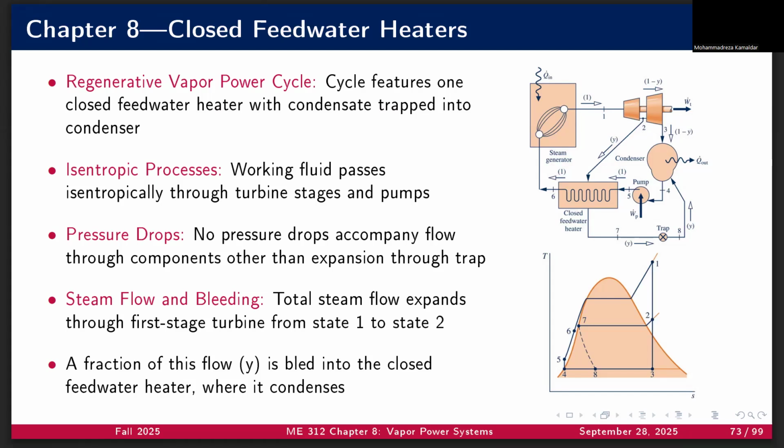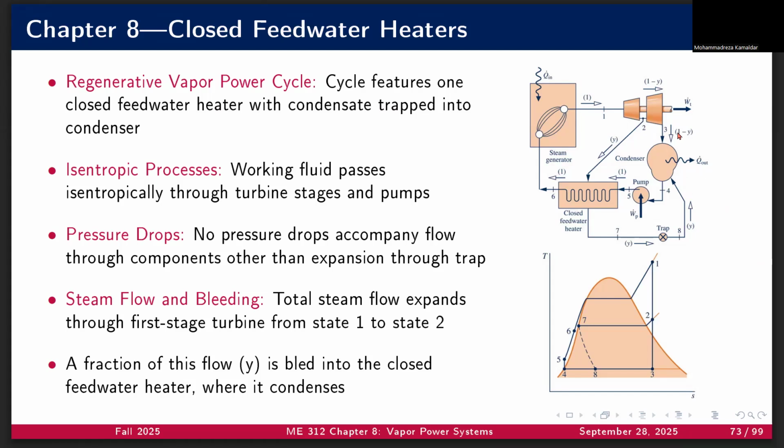Basically, a fraction Y of this flow is bled or extracted and diverted to the shell side of the closed feed water heater. This is the process that gives the cycle its regenerative nature. The remaining flow from 2 to 3 continues expanding through the second stage of the turbine until it reaches the condenser pressure at state 3.